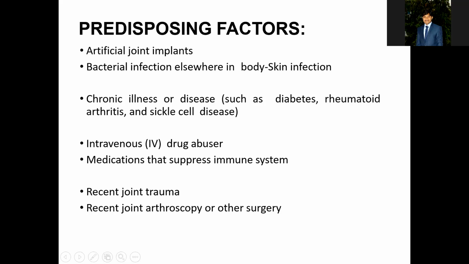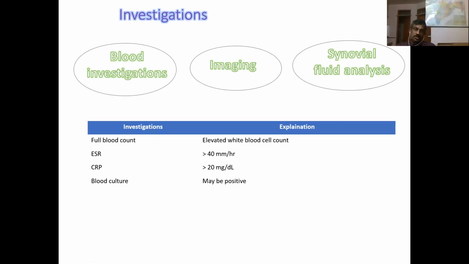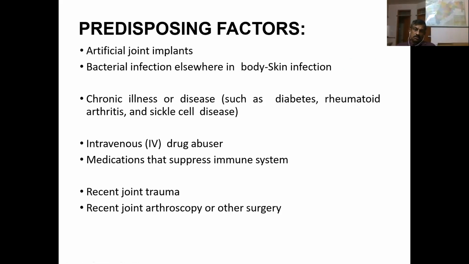Mohan, what do you mean by IV drug abuse? How will it cause monoarticular arthritis? By septicemia, in the blood.